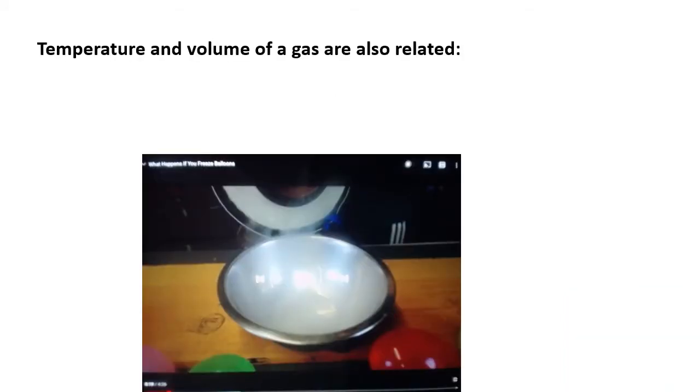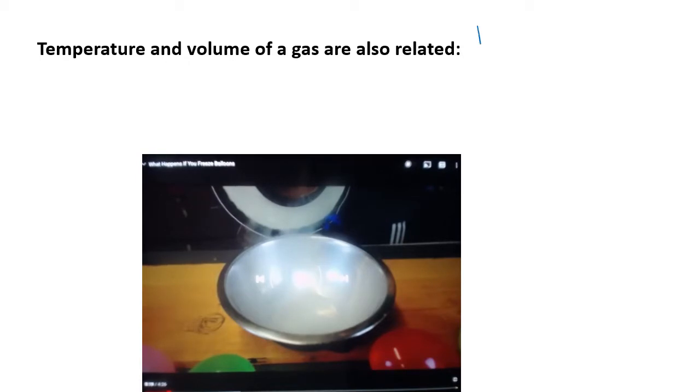Let me show you a little video where we're going to take a sample of a gas. Again, it's going to be a balloon. It could be any sample of a gas, but it's going to be a balloon. And we're going to change the temperature by putting the balloons in liquid nitrogen.